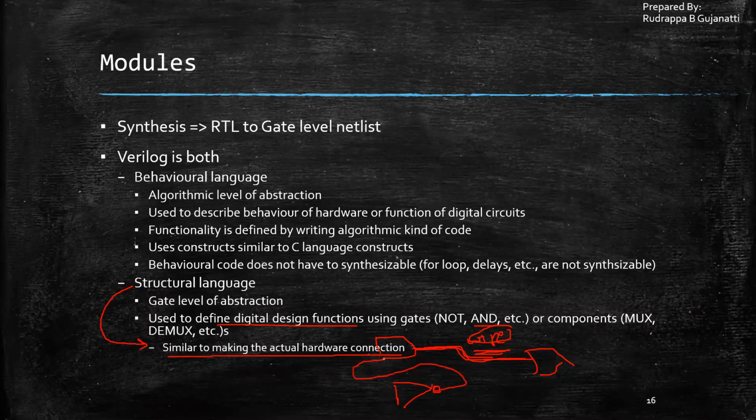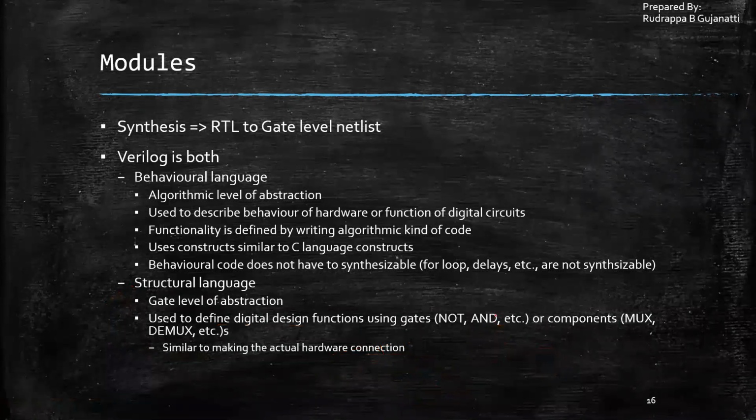Say it should go to the AND gate, so there is an input over here. It is like you are writing the code, but at the same time you are telling which connection is present. It is like you are doing the design itself on the breadboard. The actual hardware connection you are implementing. It looks somewhat in that form.